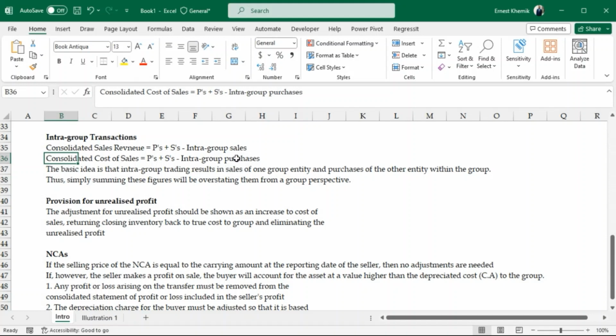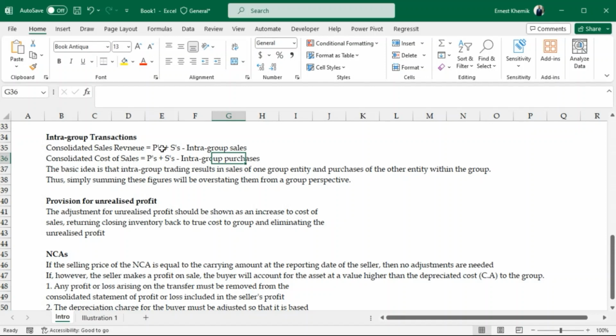Remember, the sales in one entity is the purchases in another entity. So the basic idea is that intra-group trading results in the sales of one group entity, as I've already said, and purchases of the other entity within the group.